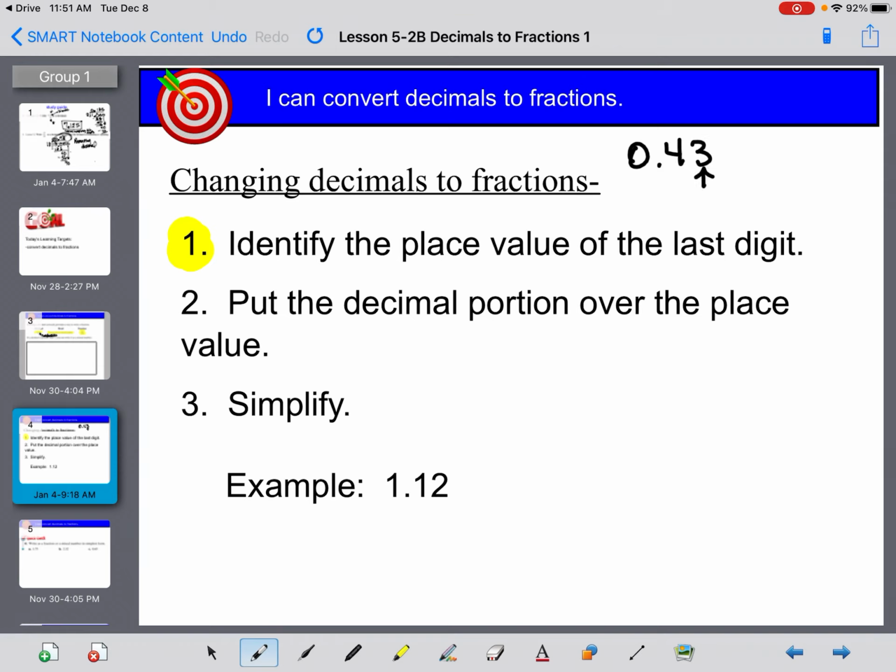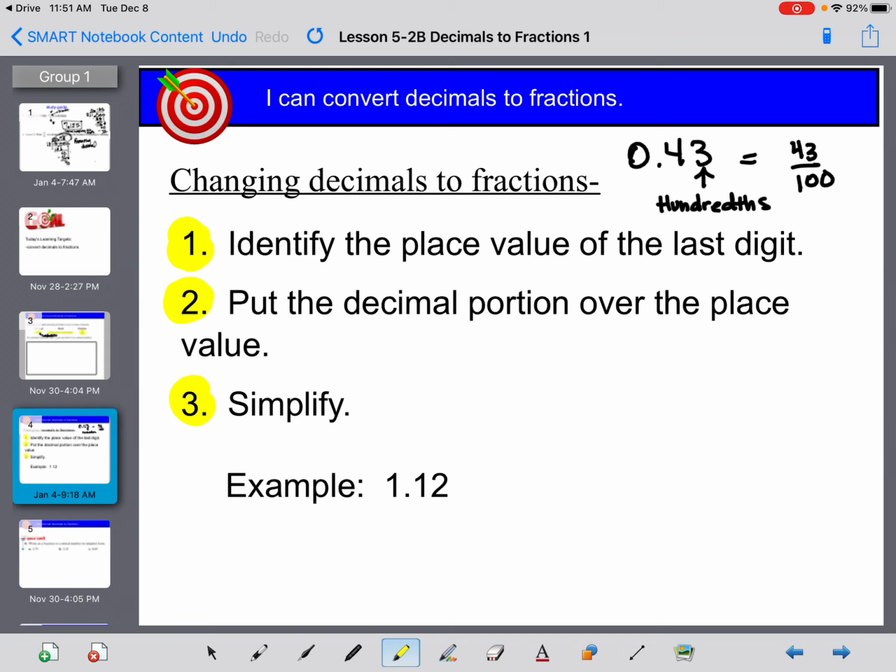The second step is to put the decimal portion over the place value. The third step is to simplify if possible. Now, 43/100 was already in simplest form.